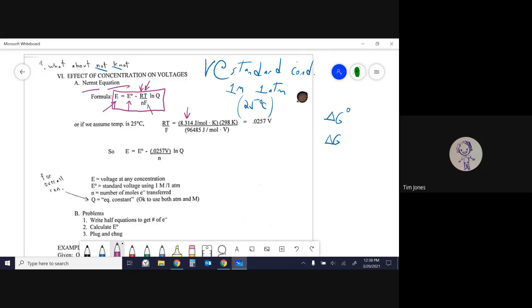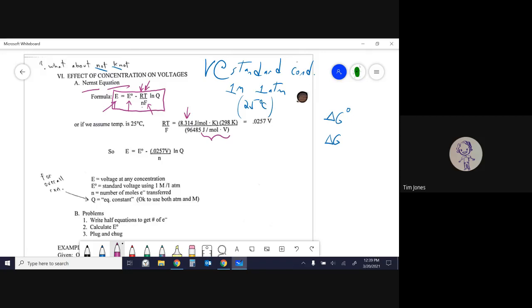F is the Faraday constant, which we've been using to convert between coulombs and a mole of electrons, but it also has a different unit that I have right here, joules per mole volt. This is going to be more useful in this equation, same number though.